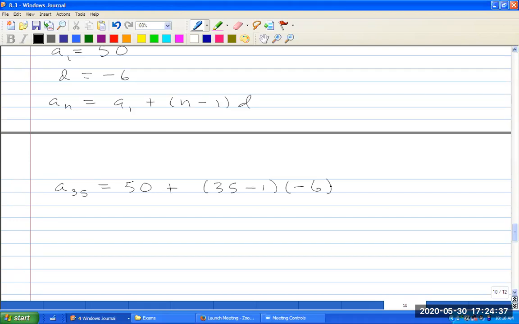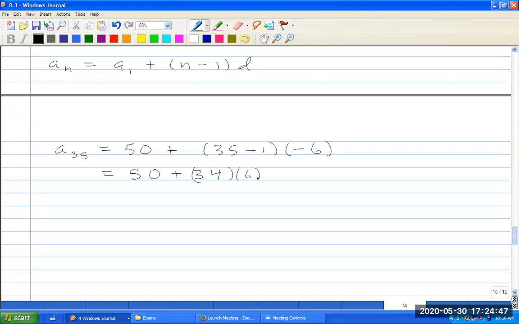And so 50 plus 34 times negative 6. So minus 34 times 6 is equal to negative 154. And that is your answer.